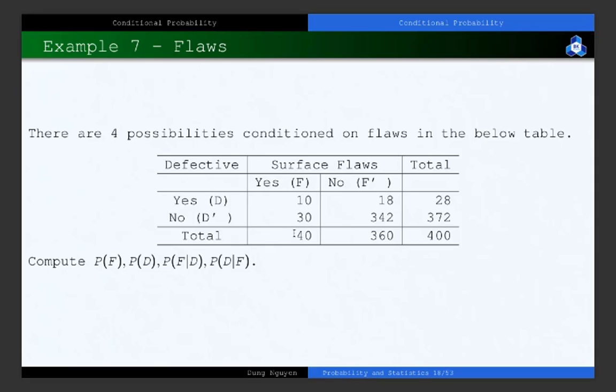And obviously, it is 40 over 400. Okay. How about the probability of D? The probability of D is the fraction 28 divided by 400.